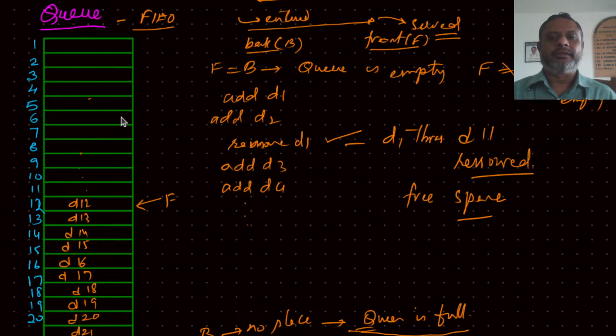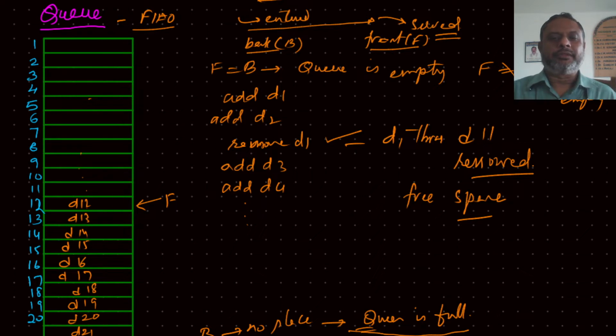Hence the space which was freed after removing the data from the queue will remain free, and there was no chance of writing new data over it. The tail of the queue reaches the end of the queue, and there is no more space left to write, and hence it says the queue is full. Any solution?